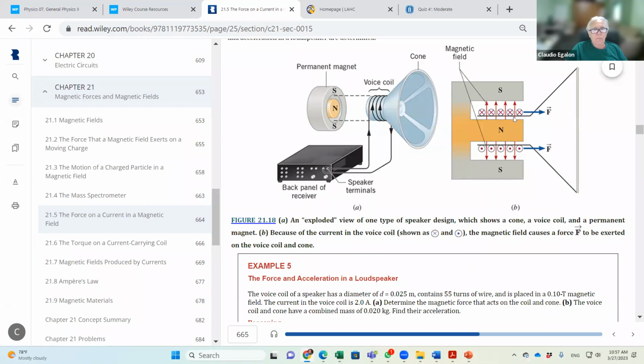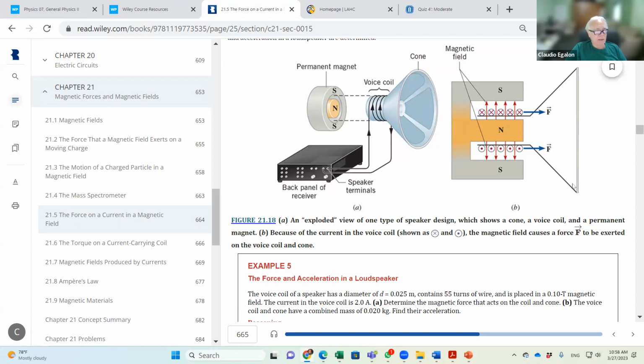Here's the magnetic field. If I pass the current in the other direction, the force inverts to the left, and it keeps on going. If the frequency of inversion here is very high, you can tune this speaker to move very fast in this direction, at different frequencies to produce different sounds.